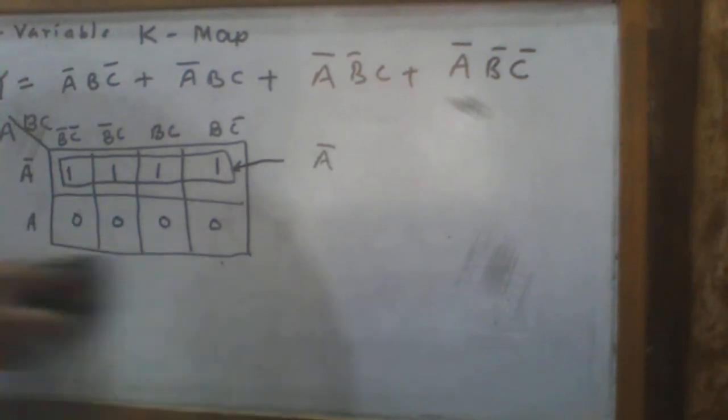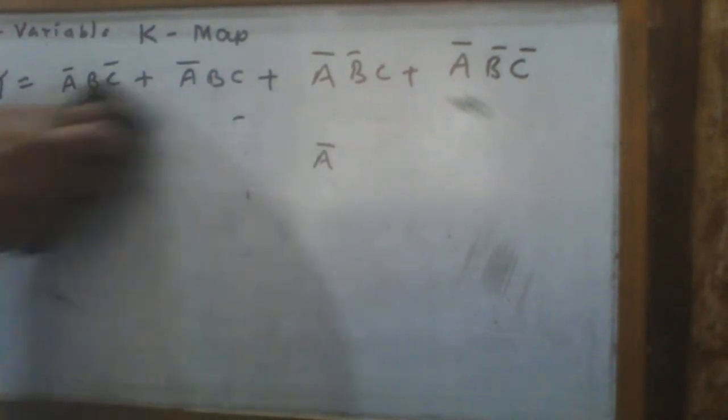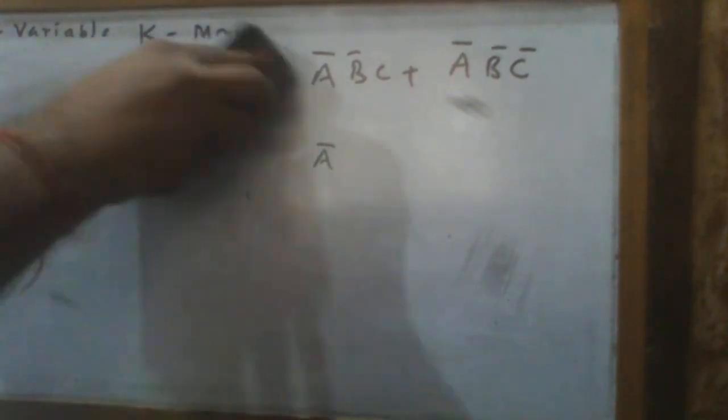Okay, then let us solve another example. Here it is a K-map, 3 variable K-map.